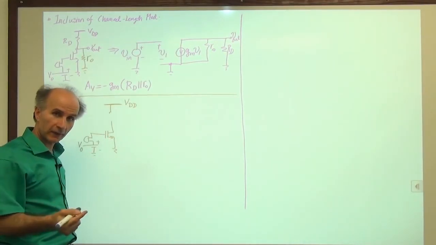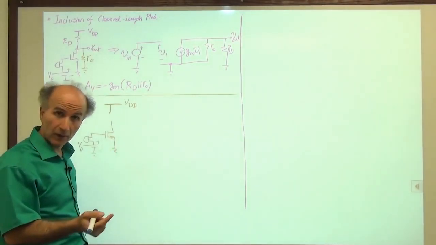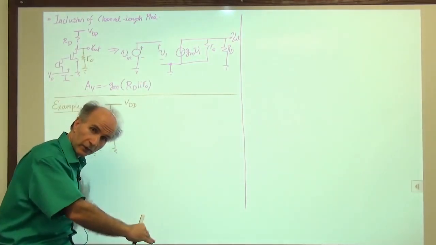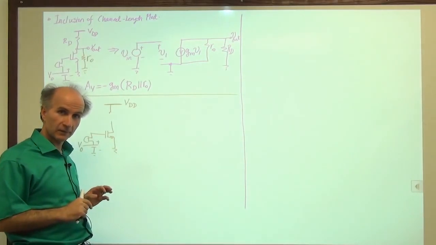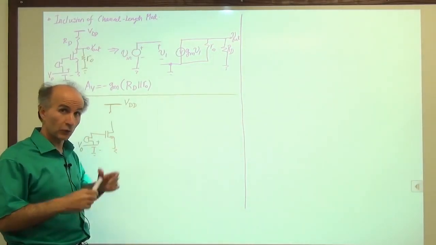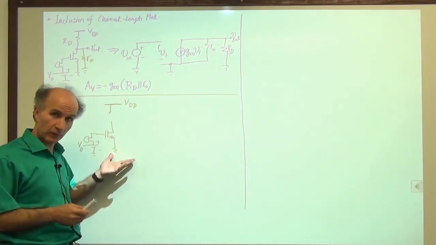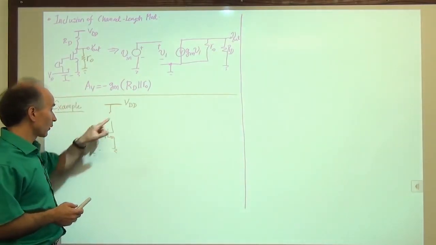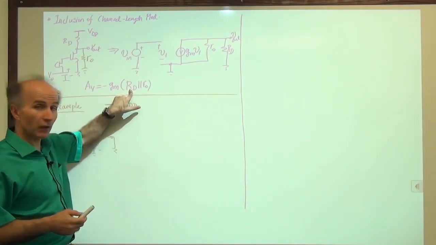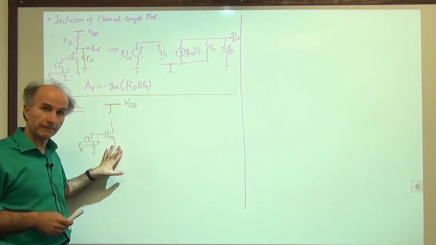If it doesn't have a bias current, its VDS will be 0. If VDS is 0, then we are in deep triode region, so we don't have any gain. So that's no good. We do need a bias current. We need to operate in saturation and have a bias current for the device to be an amplifying device. So that's the problem. If I open this up so as to achieve RD equals infinity, I also lose the bias current.